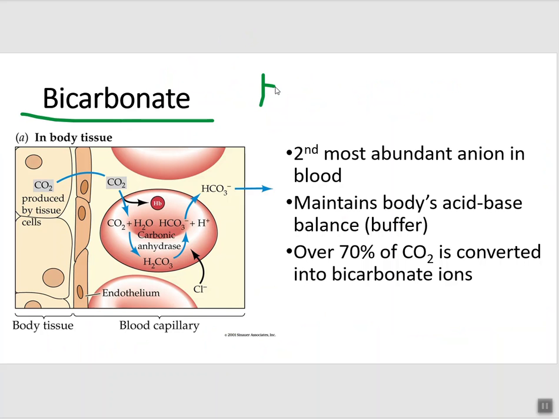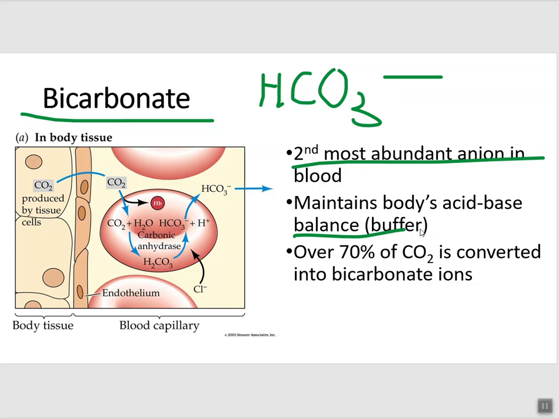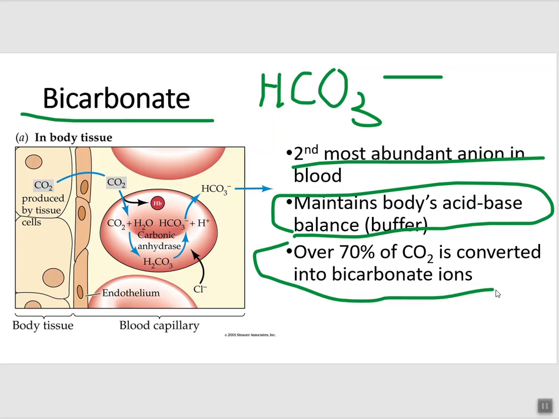Bicarbonate, HCO3. This is a major anion, second most abundant after chloride. This guy is going to be involved in our acid-base balance. We're going to talk about that. We talked about this in respiratory, that most of the carbon dioxide that comes from the tissues, that carbon dioxide and water, there's an enzyme called carbonic anhydrase that's going to combine these into carbonic acid, H2CO3.